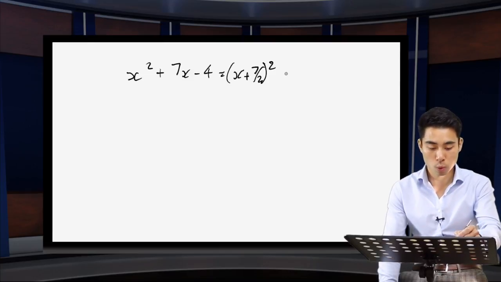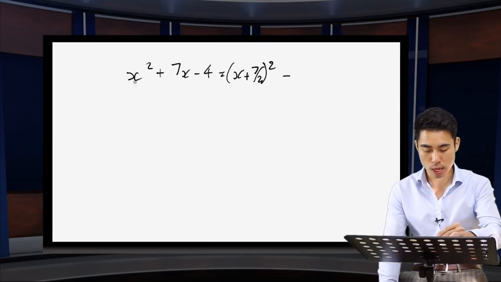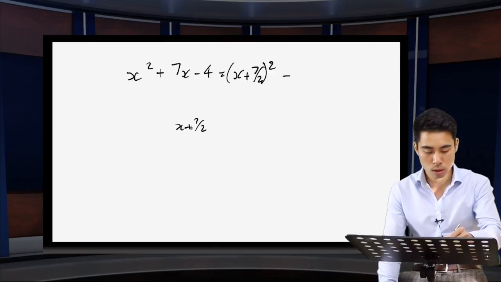Now, what do I need to subtract in order to get back to this expression here? Well, if I expand this out, so I've got x plus 7 over 2, let's do this in full, multiplied by x plus 7 over 2.